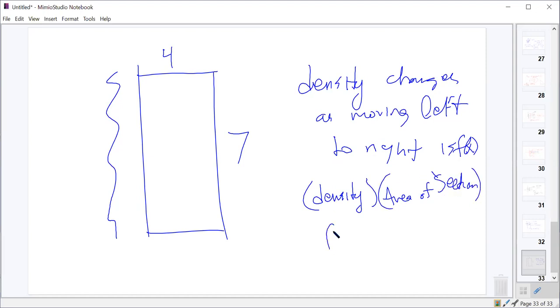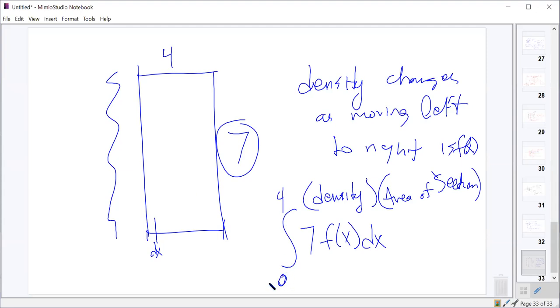So your density is f of x, and the area of each little strip of land that has a separate density is that small dx times a width of 7. So we should have a 7 in there, and a dx, and we should be integrating from 0 to 4. So I don't know, does that answer your question or no?